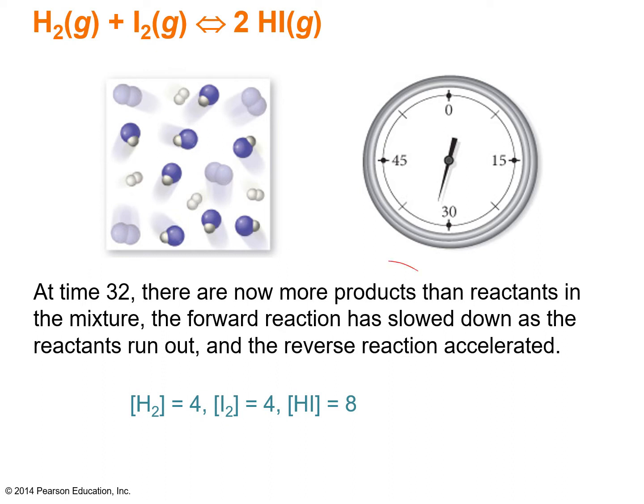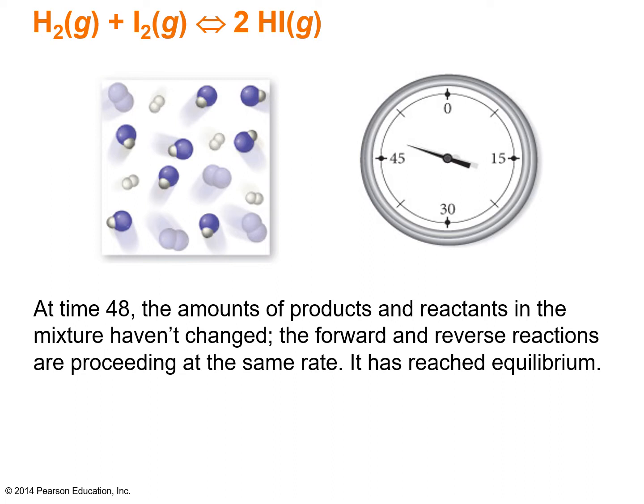Because we have more products, therefore more interaction on this side of the chemical reaction. This is demonstrated in our concentration values below, where we see the products have a higher concentration than each of the individual reactant components.